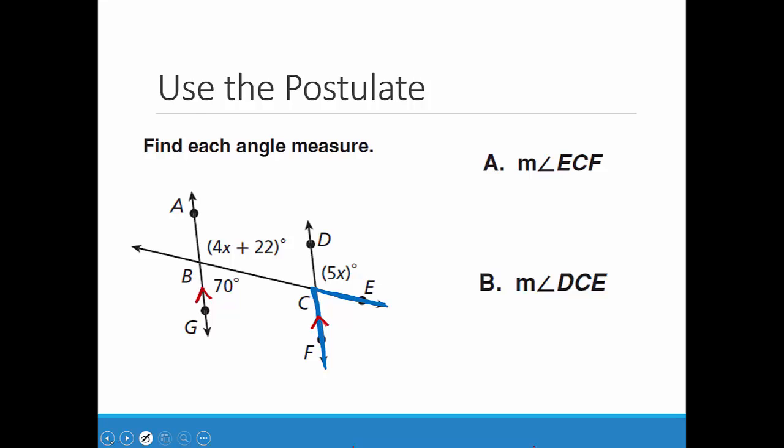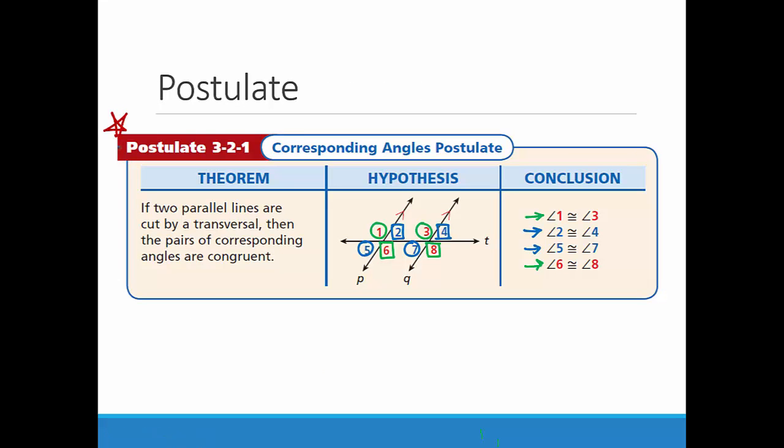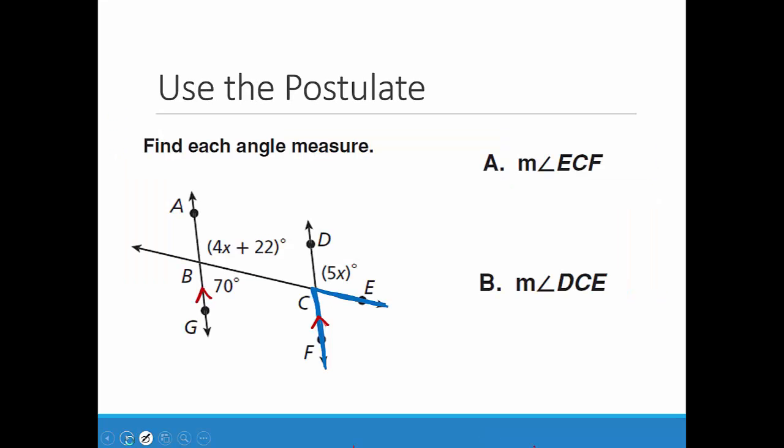Because they're parallel, we can use this postulate, which says that the pairs of corresponding angles have to be congruent. This angle right here corresponds to this angle right here, and I know this is 70 degrees, so that means this also has to be 70 degrees.